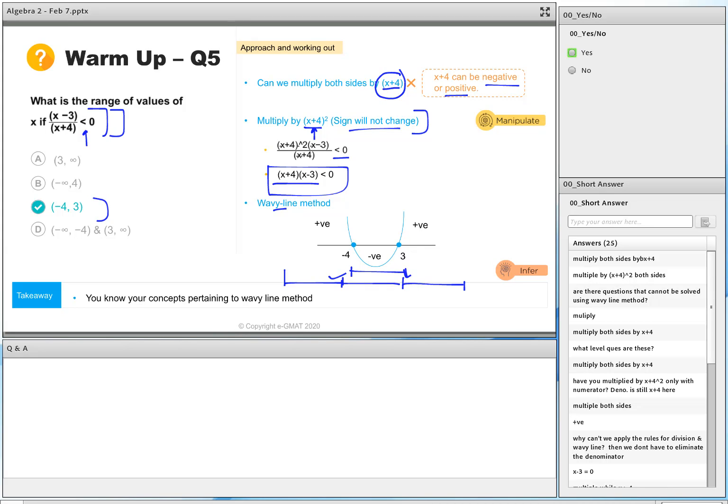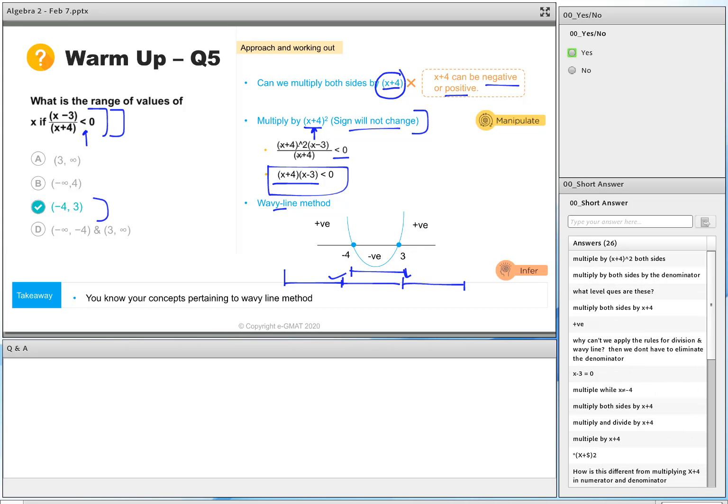And a very interesting thing about wavy line is the sequence is alternate. So the moment you find the first region to be positive or negative, all the next regions can be found out within the next 5 seconds. So that won't take you much time. The only thing you need to take care of is the first region.